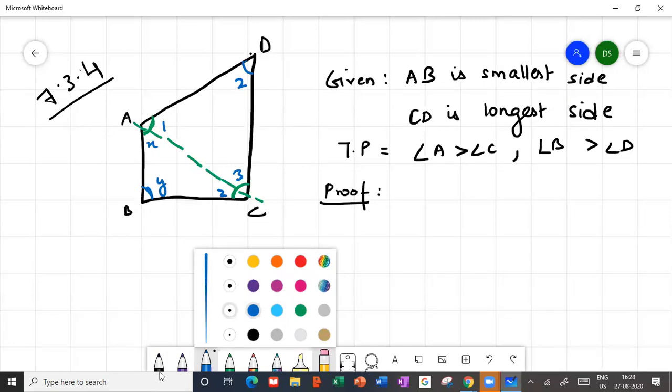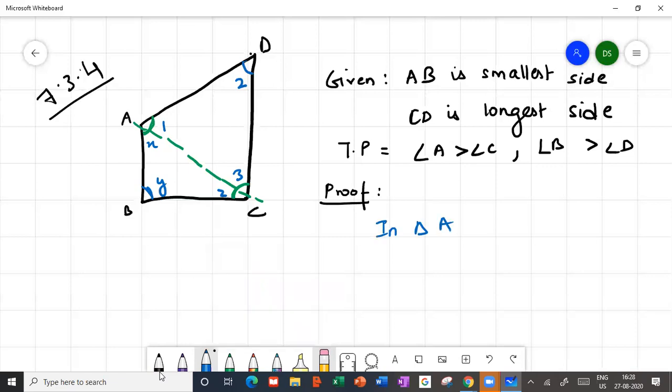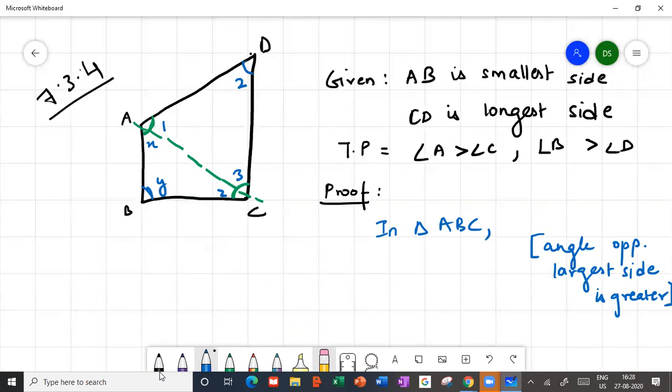Or in this case, we can also use the property that in a triangle ABC, the angle opposite the largest side is greater. This one also can be used.